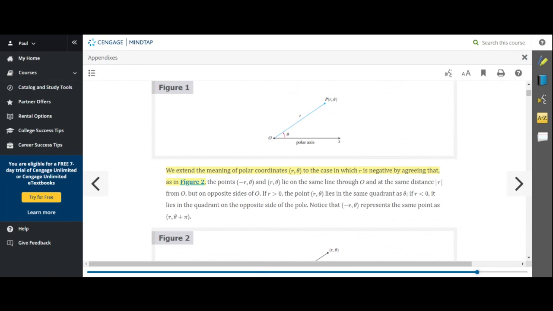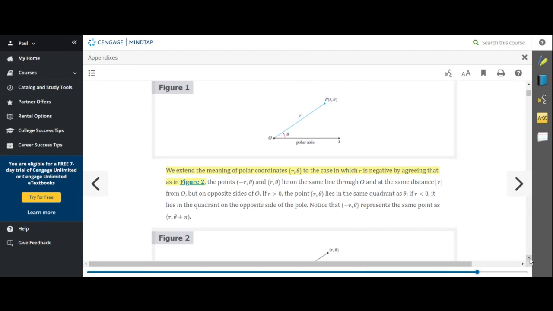And that's just like in trigonometry, when you measure an angle theta, you do it from the positive x-axis. So you measure an angle theta, and then you move out from the origin a distance r, a radius, and you plot a point. And that point has the polar coordinates r, theta.